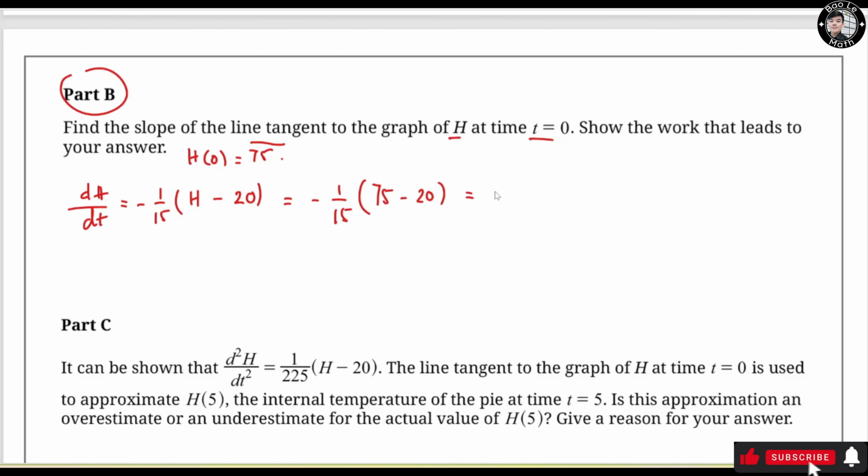So it could be negative 1 over 15 times 55, right? Simplify this one, it's going to be negative 11 over 3. Or you can leave the answer like this, that's fine, right? Therefore, the slope of the tangent line at t equals 0 is negative 11 over 3 degrees Celsius per minute.